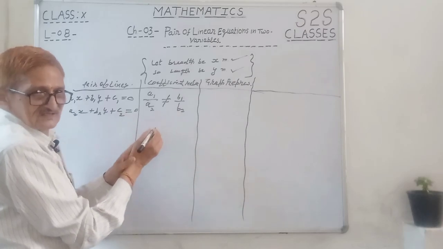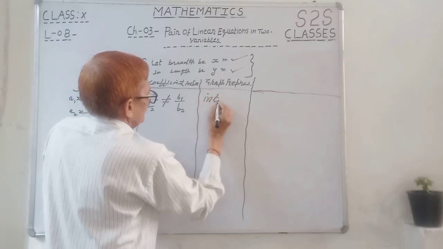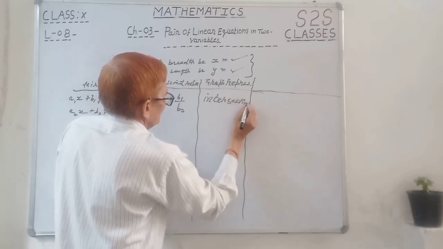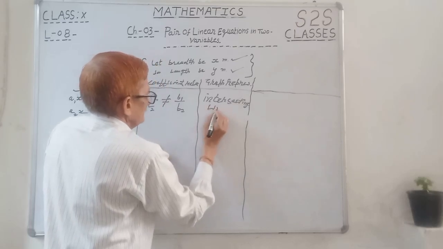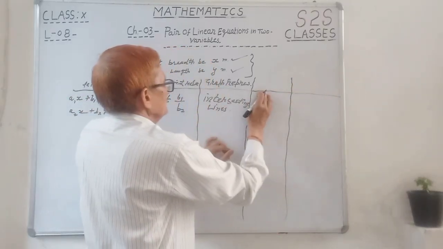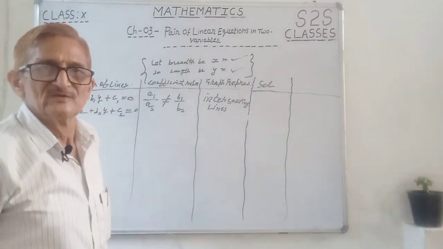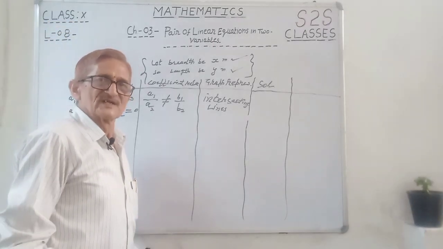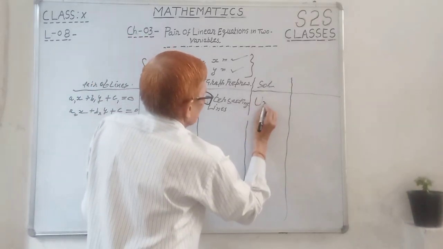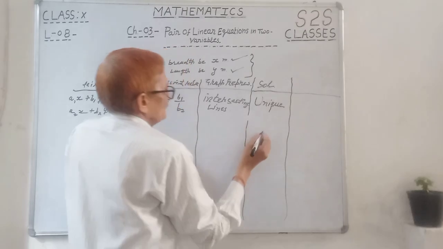If these are not equal, then the graph will be intersecting lines. If the condition is this, intersecting lines, then what will be the solution, the values of x and y? Now the solution: a unique solution.